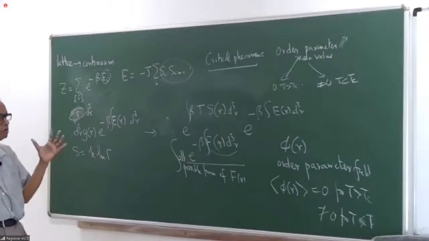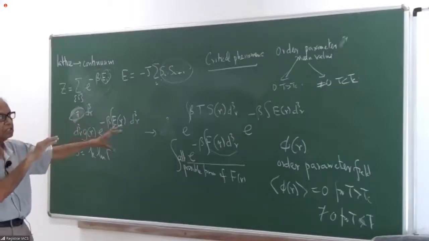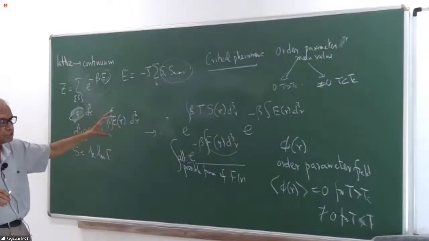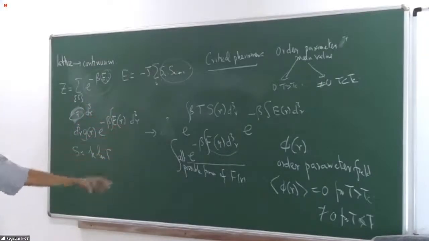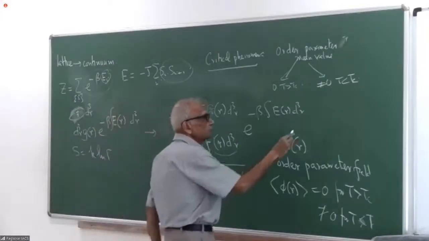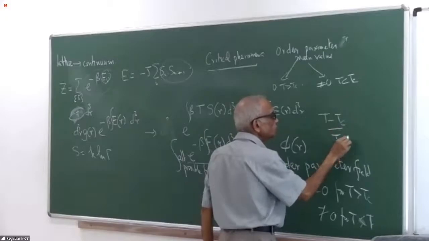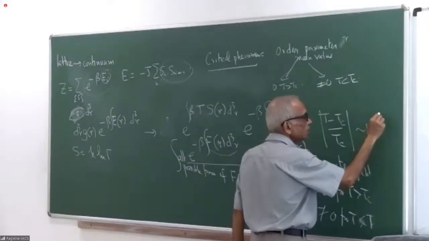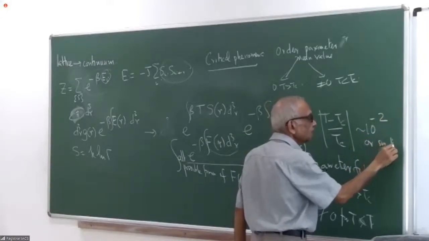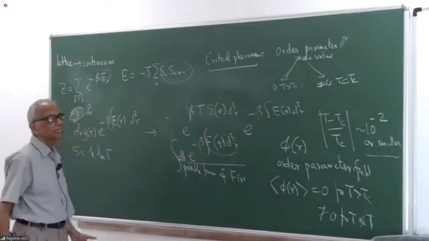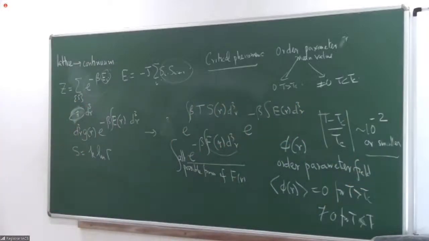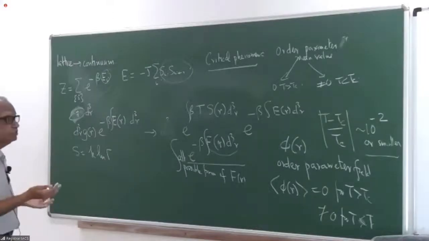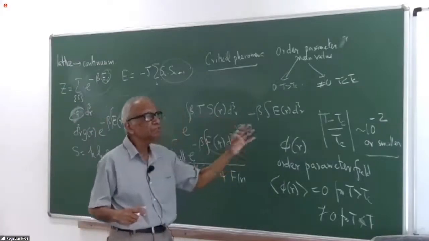Everything we write down and do for the next few days is valid in the vicinity of Tc. Say, T minus Tc over Tc, this quantity in magnitude is 10 to the power minus 2 or smaller. That is how small a region you are looking at, and that is the region which we will be concentrating on. In some sense, it is extremely specialized.